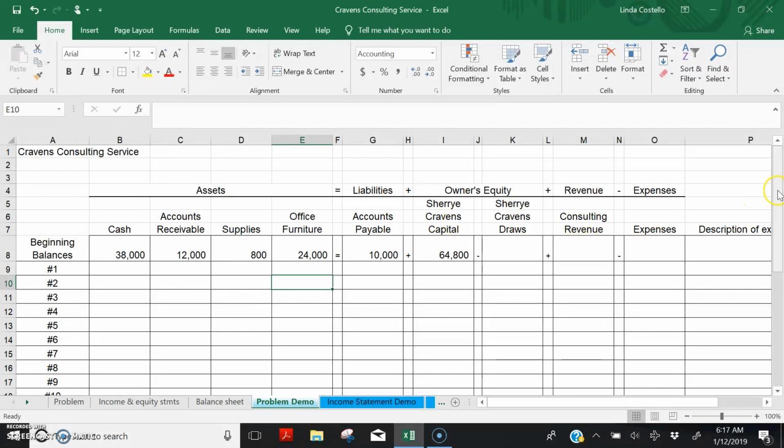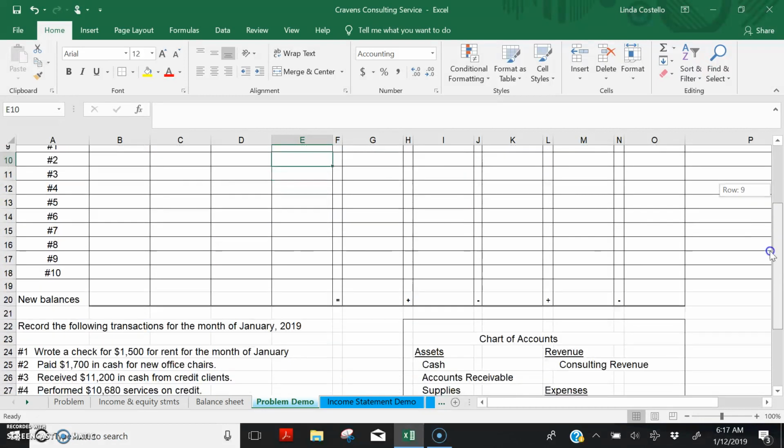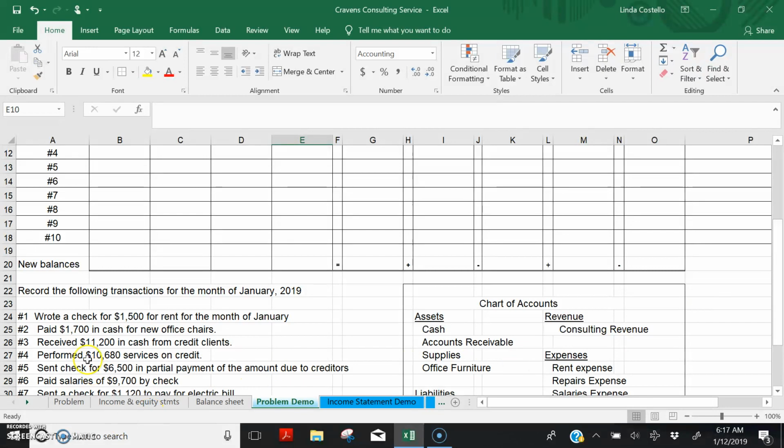So let's read and analyze the first business transaction. Wrote a check for $1,500 for January's rent. What accounts are involved? Remember, there are always at least two.